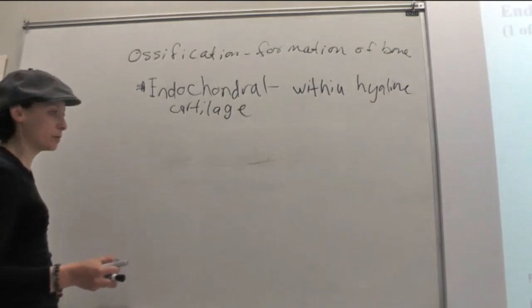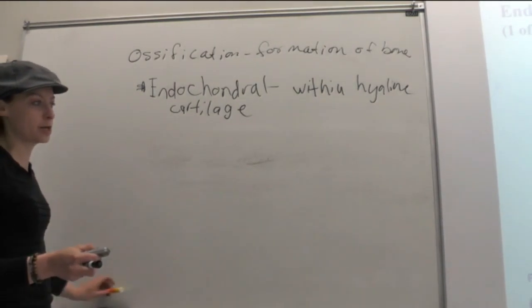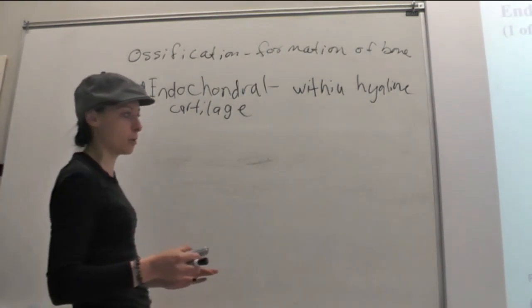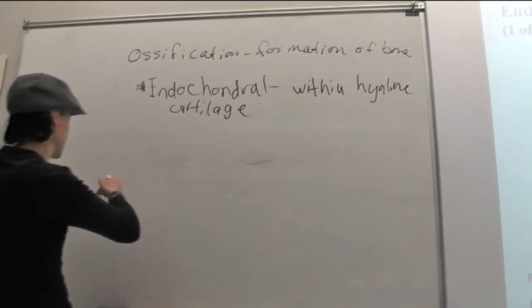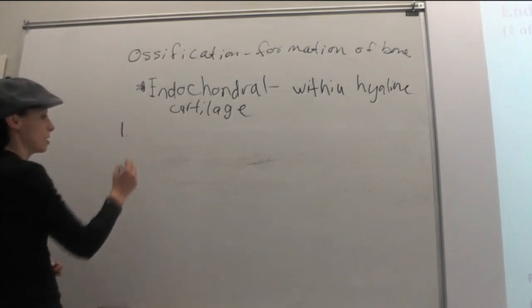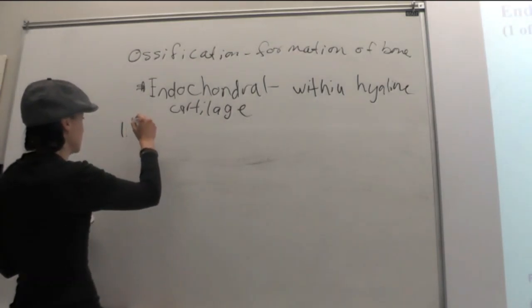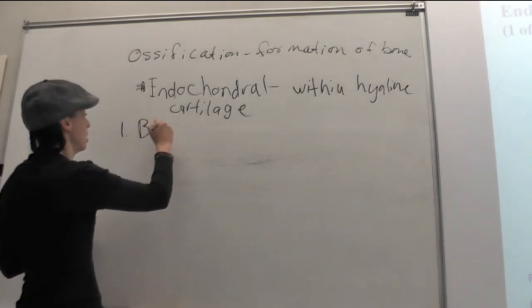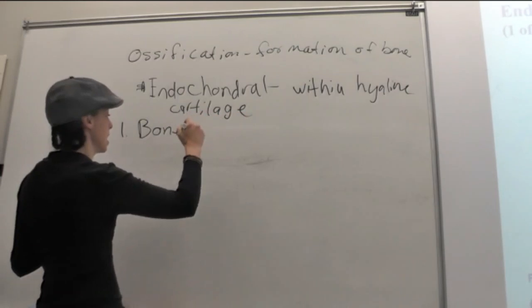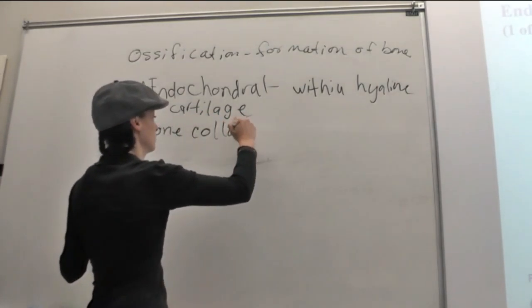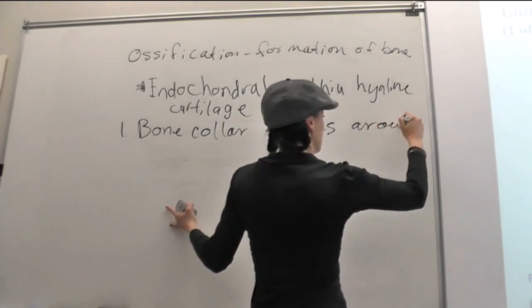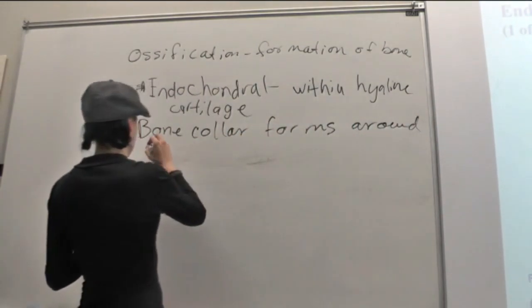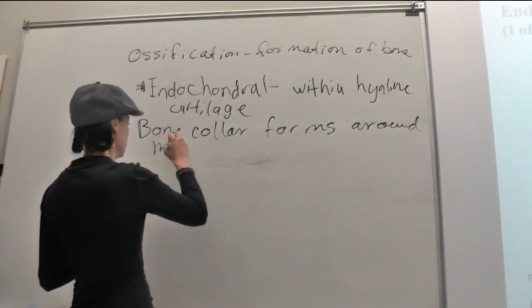And so some of those cells are going to differentiate and become those osteoprogenitor cells, and this is going to ultimately form our periosteum. So for our first step of endochondral ossification, what we could say is that a bone collar forms around the hyaline cartilage mold.